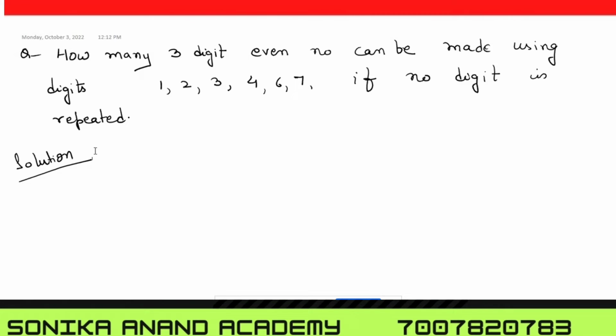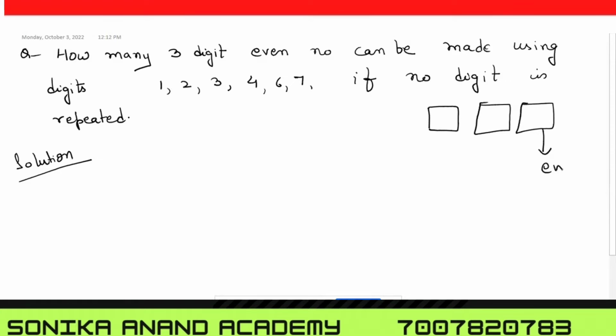Okay. Now the third one. How many three-digit even numbers? That means we have to fill three boxes. No digit is repeated. Now, a number is even if its last digit is even.